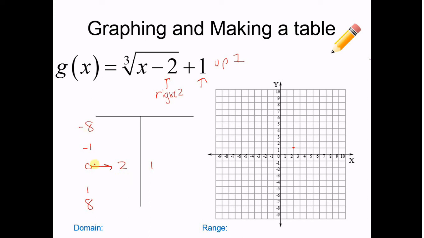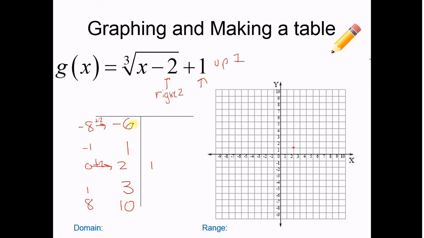We added 2, right? So on each of these, we're going to add 2 to get our new x values. -8 plus 2 is -6. -1 plus 2 is 1. 1 plus 2 is 3. And 8 plus 2 is 10.